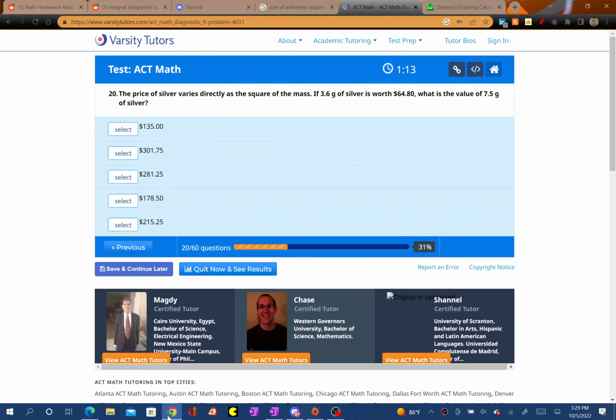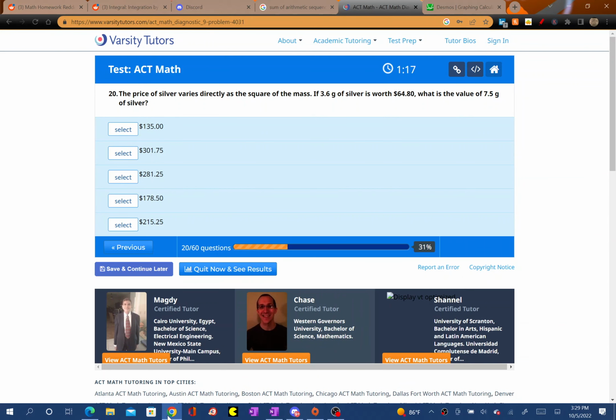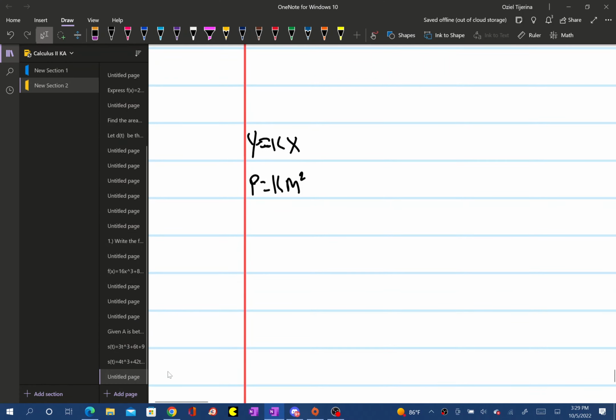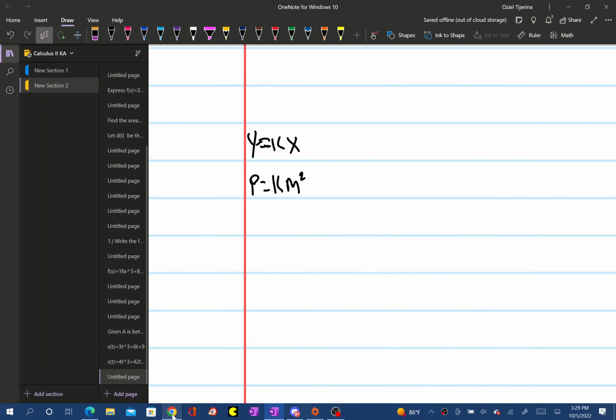If 3.6 grams of silver is worth 64.80, so that means that 3.6 grams of silver is 6480. So 3.4 squared times k is equal to the price.